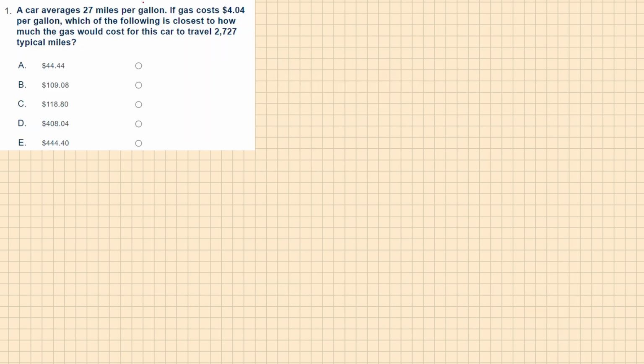So let's do the first question. A car averages 27 miles per gallon. If gas costs $4.04 per gallon, which of the following is closest to how much the gas would cost for this car to travel 2,727 typical miles? Okay. So first of all, a car averages 27 miles per gallon, right? So we can write that information here, 27 miles per gallon.